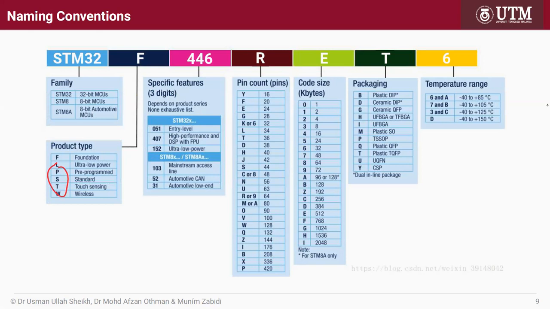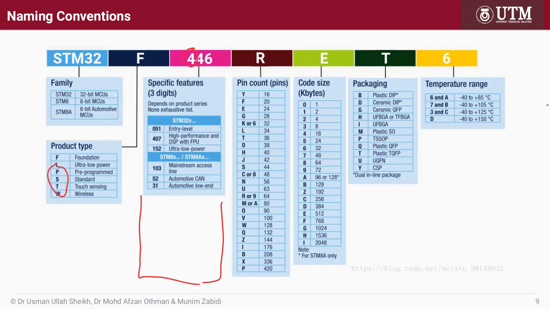I think 4 is for the Cortex-M4. There's actually a longer list, but from this particular diagram, I don't have this list. It doesn't matter that much. We know that 446 is going to be different than 411 or 401.